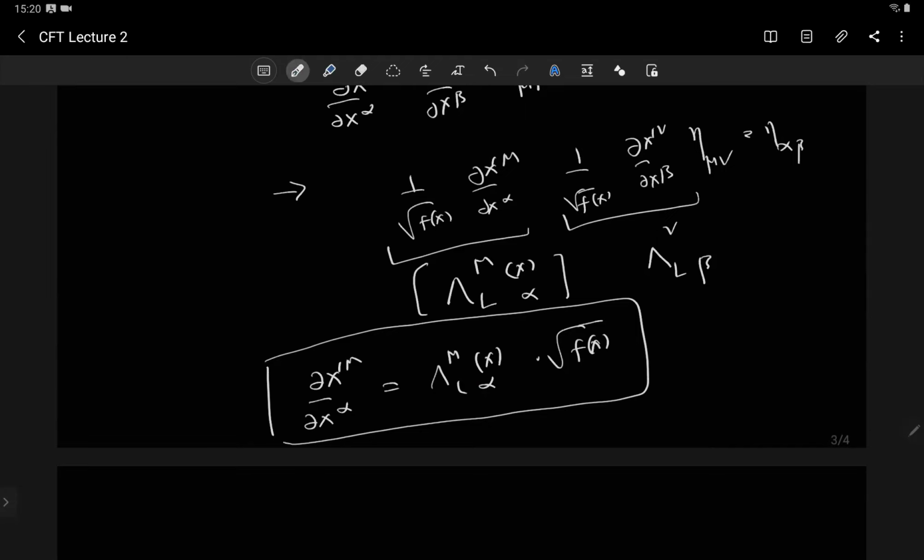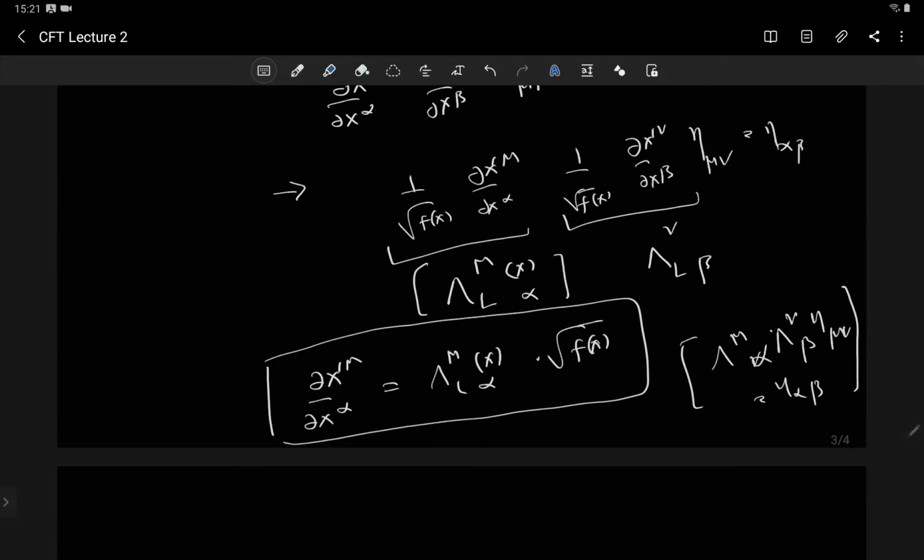By definition, a Lorentz transformation matrix satisfies lambda^mu_alpha lambda^nu_beta eta_mu_nu equal to eta_alpha_beta. So this is a Lorentz matrix, and the solution is a local Lorentz factor times a local scale factor.